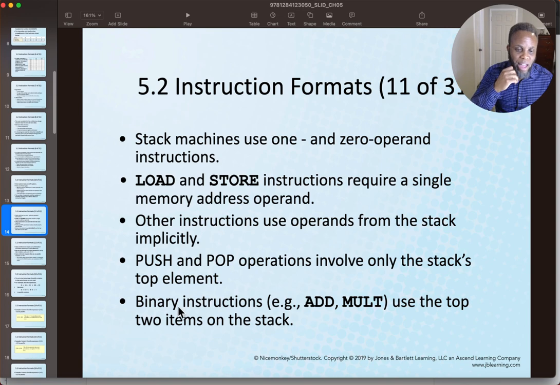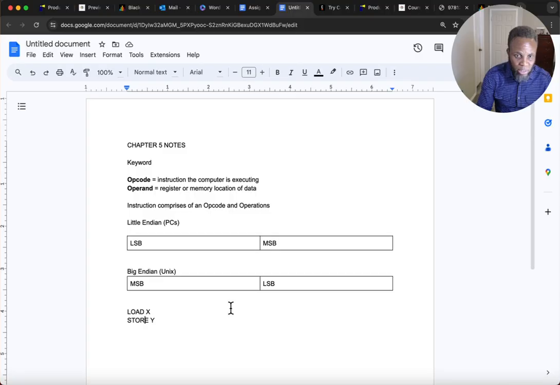If you use a stack to store your instructions, you are storing information on a stack, so you cannot address things randomly. Let's say you wanted to execute a multiplication on the stack, multiply X by Y. If this entire instruction is on the stack, the only way it can be executed is if the opcode and these two operands are located very close to the top of the stack.